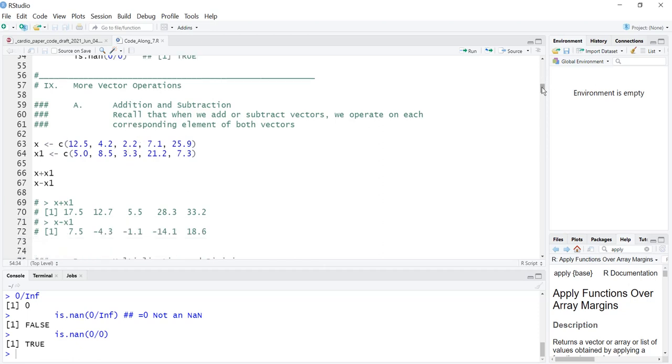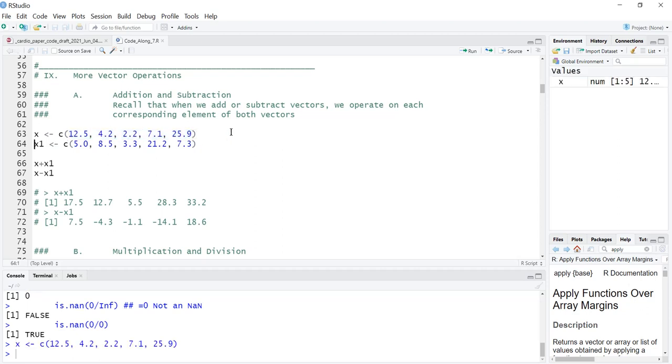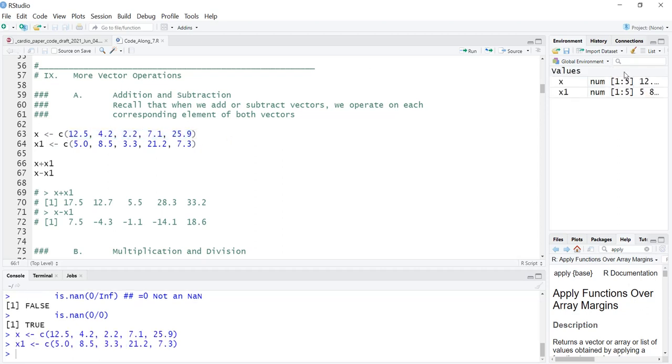Now let's go back to vector operations. We've talked about these before. Now I want to go into more depth. So let's remind ourselves what addition and subtraction is. So if I have two vectors of the same length, so they have the same number of elements, and these vectors have 5 elements each, as you can see over here, 1 to 5, 1 to 5, then I can add and subtract these vectors, and what I do is the first element of the first one, I add with the first element of the second one.